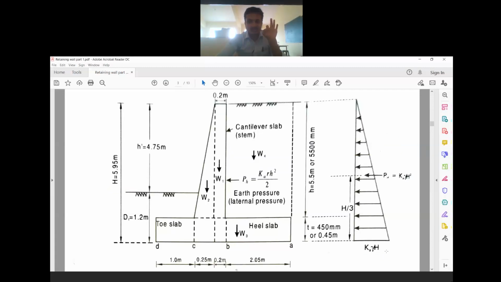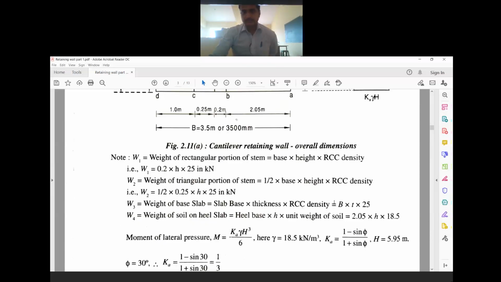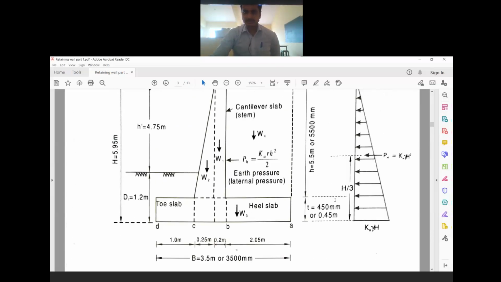The pressure diagram is needed because we shall find out the soil pressure, the earth pressure, the lateral earth pressure, the resultant. So this resultant we call lateral earth pressure. To calculate the lateral earth pressure, it will be at a distance of h by 3 from the bottom. It is shown here. So it is Ka gamma h square, acting at h by 3.